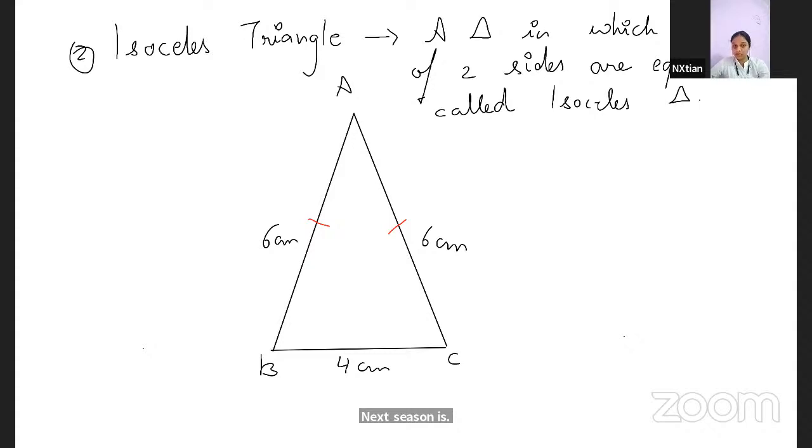Equilateral triangle. Yes, equilateral triangle means all three sides are equal. That's correct. All three sides are equal in an equilateral triangle. That is why it's called equilateral. Equi means equal and lateral means side. Yes.